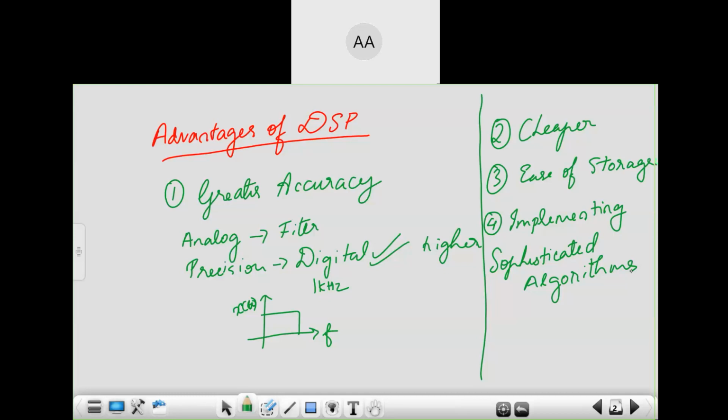MATLAB means Matrix Laboratory. You'll be using that software to implement your DSP programs and everything. You'll be writing simple codes even in the lab for whatever you have studied in signals, right? Generation of signals, addition, subtraction, all these simple operations. In just one go, you can write a simple program.